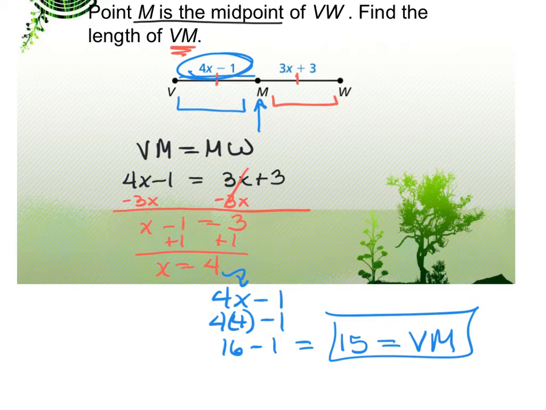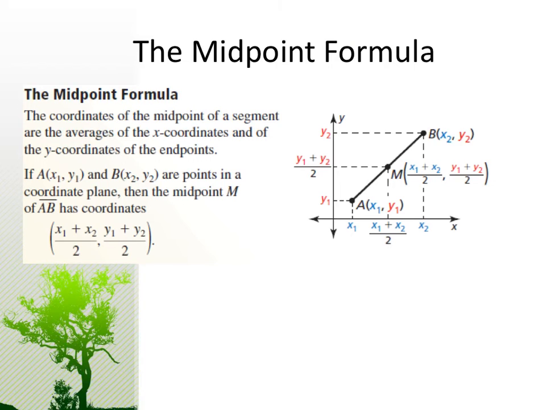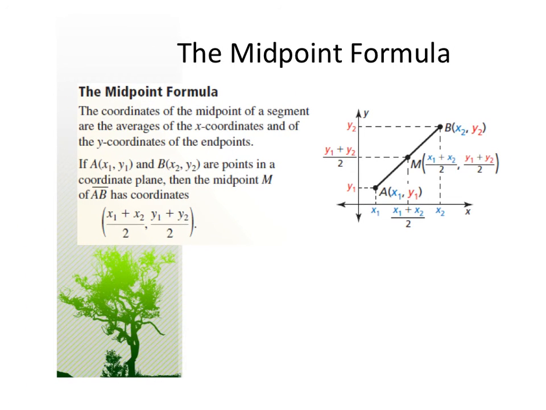All right, let's go on to the midpoint formula now. This slide shows us what the midpoint formula is. The coordinates of the midpoint of a segment are the average of the x coordinates and the average of the y coordinates.